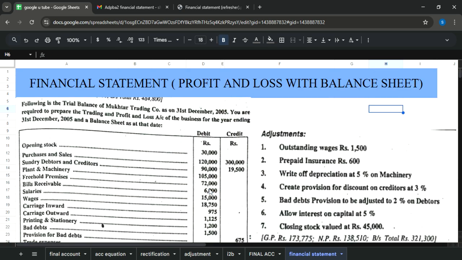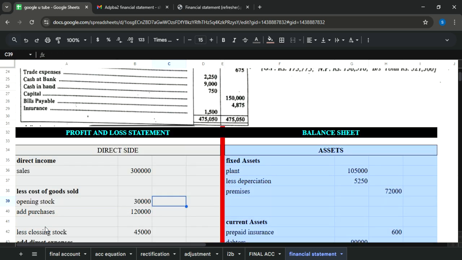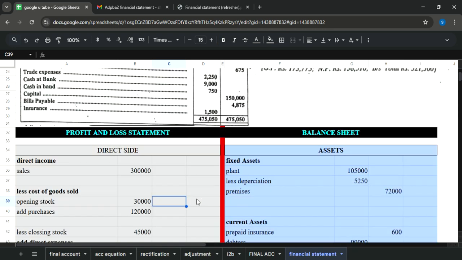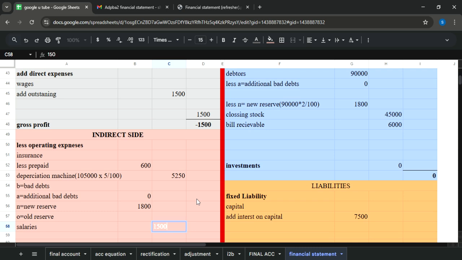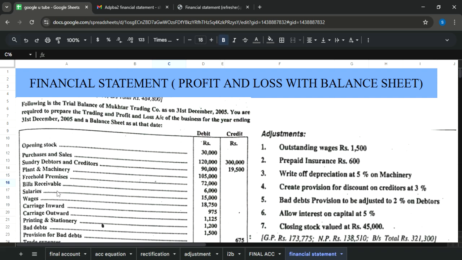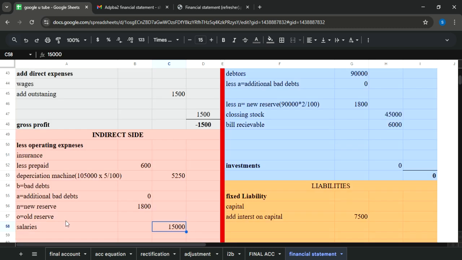Alright guys, now after bill receivable we have salaries, your indirect expense, amount of salaries 15,000. After salaries we have wages 15,000 and that is part of direct expense. So you will write 15,000 wages, 1,500 outstanding.